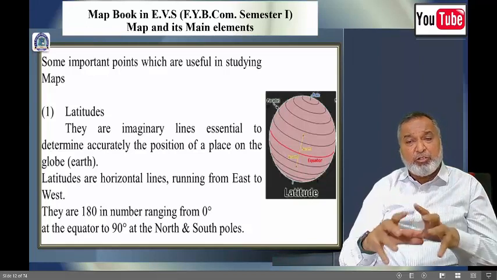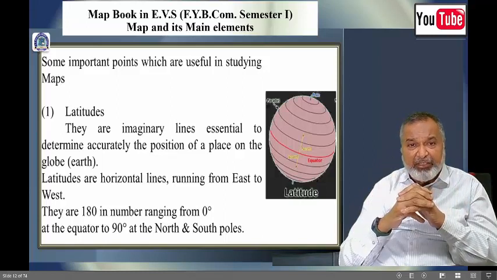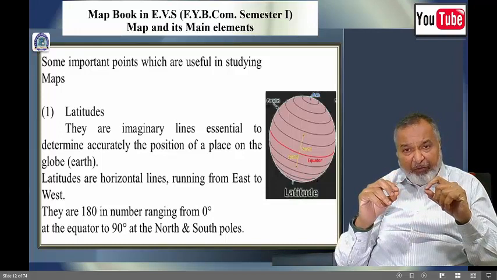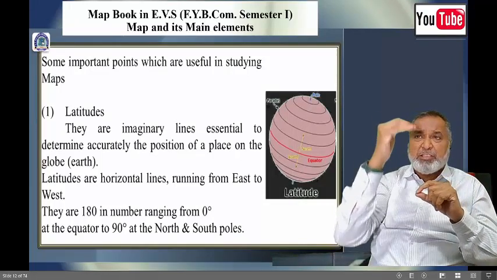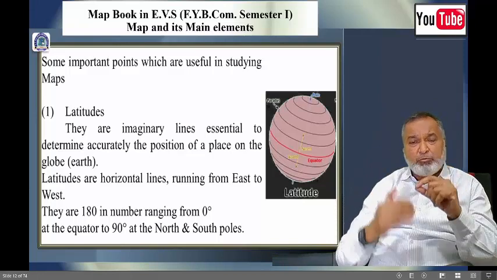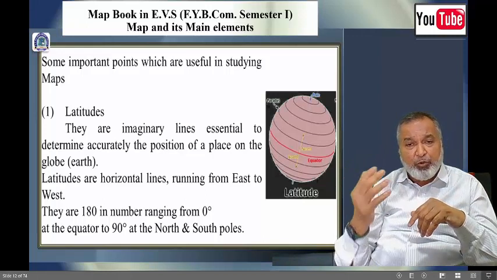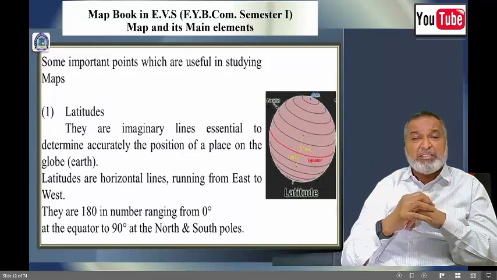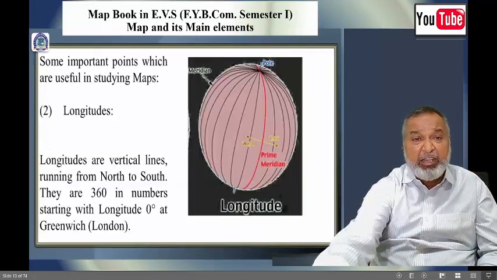How many lines are there? 180 degrees. From the center, the equator is the 0 line, and as you go towards the north pole or the south pole, the number goes on increasing. For example, towards the north pole it is 90 degrees, and towards the south pole it is 90 degrees. So in total we have 180 degrees.